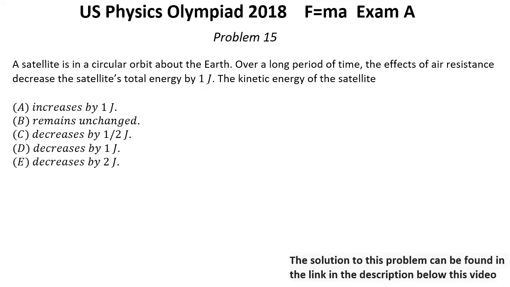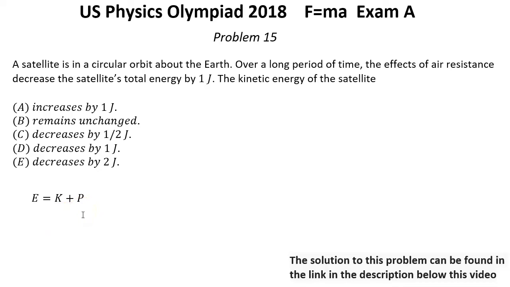Problem number 15. A satellite is in a circular orbit about the Earth. Over a long period of time, the effects of air resistance decrease the satellite's total energy by 1 joule. The kinetic energy of the satellite. Solution for problem number 15. We have total energy equal to kinetic energy plus potential energy.